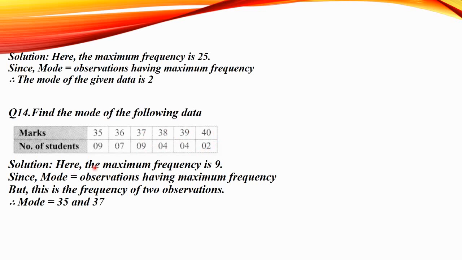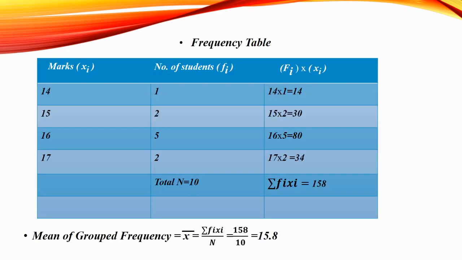Here we have the maximum frequency as 9, which is for 35 marks and 37 marks. Therefore, the mode is the two observations 35 and 37. Here we complete exercise 7.5.